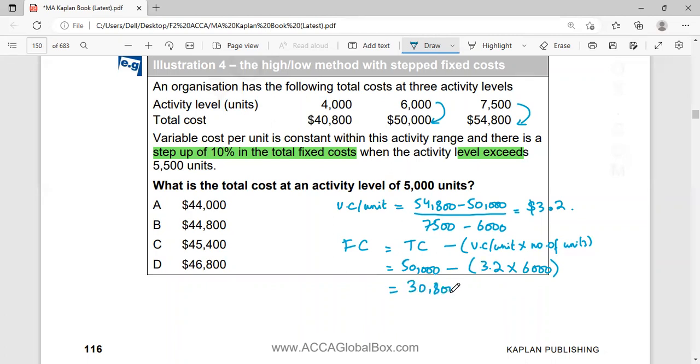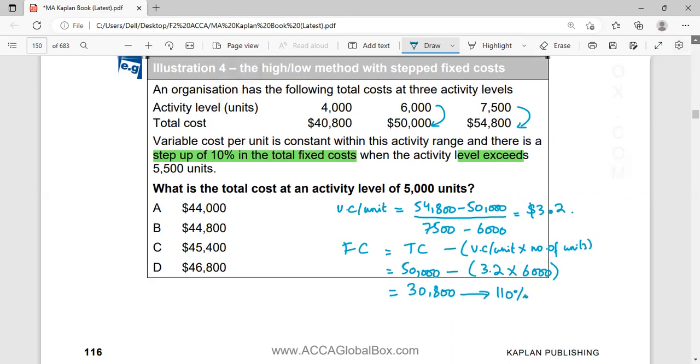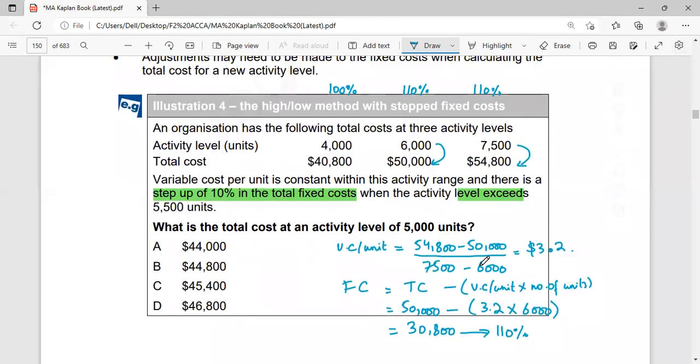30,800. Okay. Now you have to see that this fixed cost, 30,800, is equal to 110%, because it includes the effect of step up.